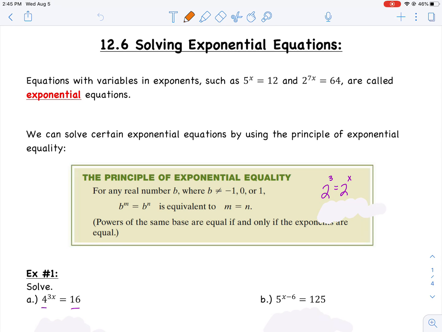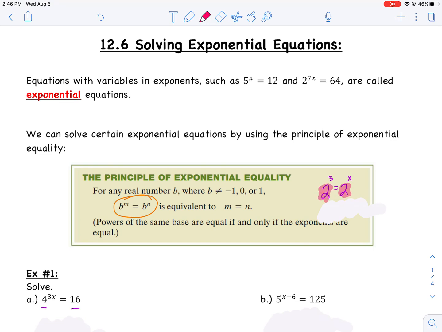Lots of big words, just meaning that if we have the base of two exponential quantities, if the bases are the same, well then the exponent should be the same. Let me show you an example. If I have 2 cubed equals 2 to the x, you notice that both of our bases are 2's, right?